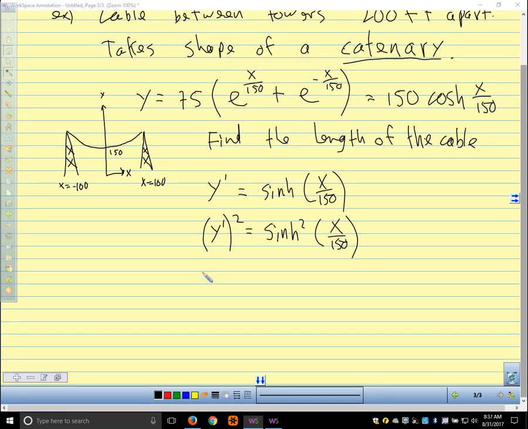1 plus y prime squared for our arc length radical. 1 plus sinh squared x over 150, which is what? Cosh squared. Oh, this is great.